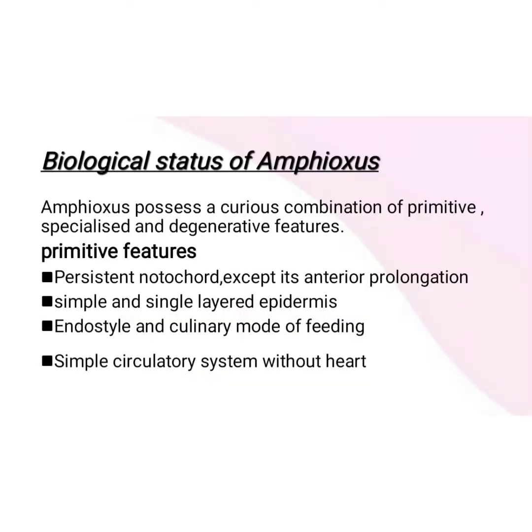Biological status of Amphioxus. Amphioxus possesses a curious combination of primitive, specialized and degenerative features. We can look at the primitive features shown by Amphioxus. The persistent notochord, simple and single-layered epidermis, endostyle and ciliary mode of feeding, simple circulatory system without heart are the primitive features of Amphioxus.